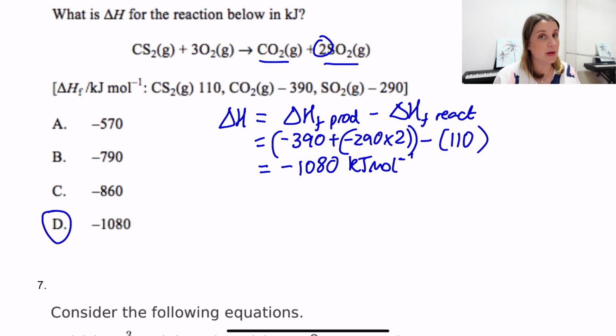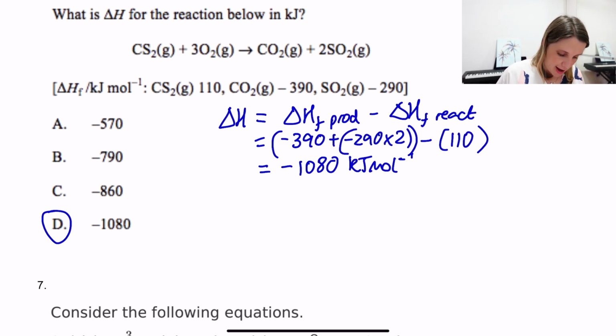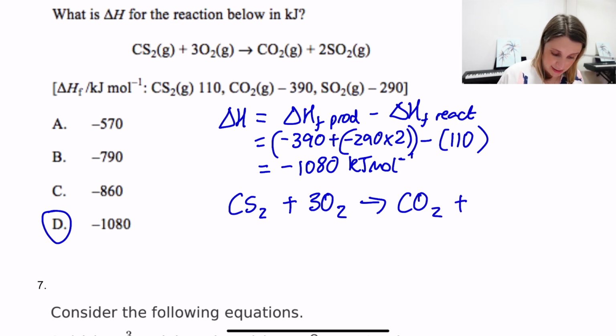Now you may recall at the beginning of this video I said that I didn't really know these equations, and that's because I kind of solve it by trial and error and by drawing a Hess's cycle whenever I'm given one of these. So let me show you what I mean by that. If I rewrite out the equation here, I'm going to skip the state symbols because I don't really need them in this case, 2SO2.